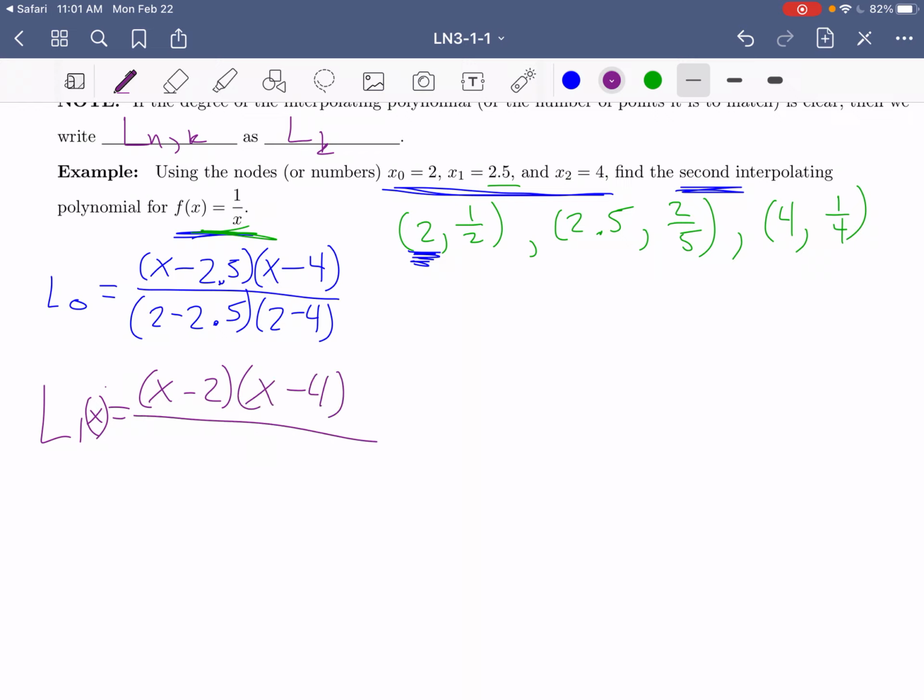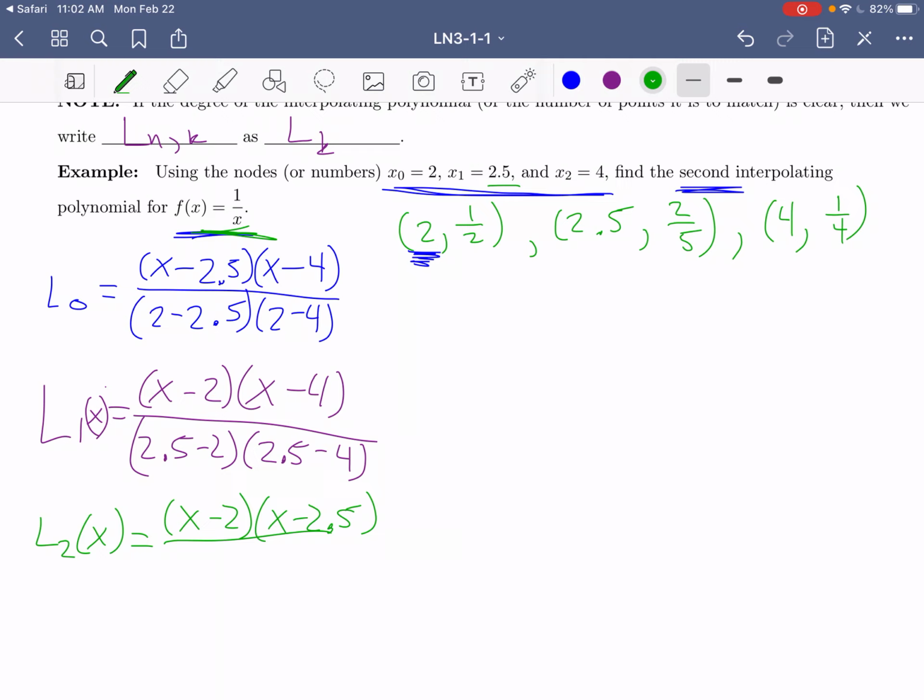Then on bottom, we will have 2.5 minus 2, 2.5 minus 4. And then for L2 of x, we're going to skip over our third point. So we have x minus 2, x minus 2.5.